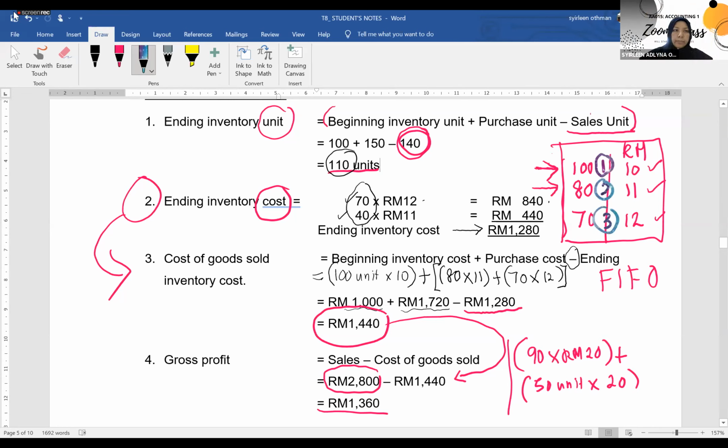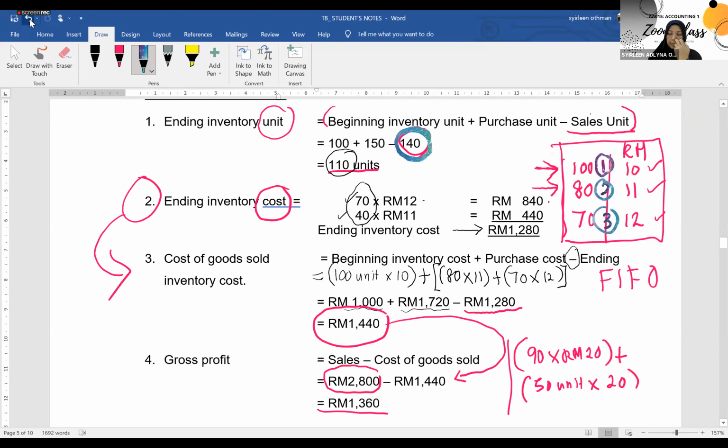Okay, alright. So now, saya nak jual tadi 140. This is my sales unit. Okay, 140 tu sebab kita ada 3 batch inventory. So 140 tu actually ambil dari yang mana? You kena tengok sebab setiap batch inventory tu harga cost dia berbeza.